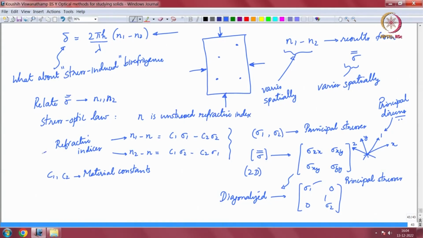Okay. Now, it is a very simple matter to obtain the difference n1 minus n2 from here. You just subtract these two equations, you will get C1 plus C2 times sigma 1 minus sigma 2.